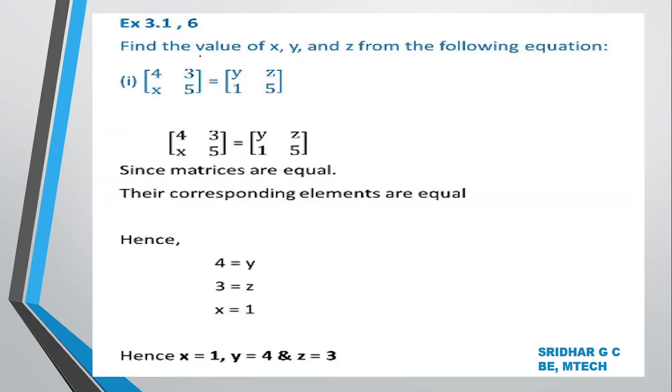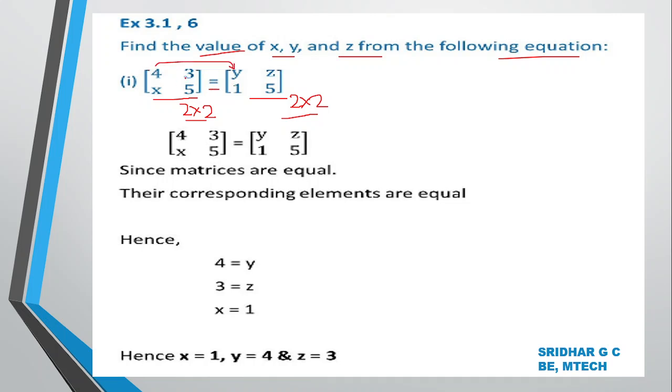Now we need to check the value of x, y and z from the following equation. Means we need to find this. See, it's a simple one. It's an order of what? 2 cross 2, right? This is also an order of 2 cross 2. So when they are of the same order and equated, that means the corresponding elements are equal.